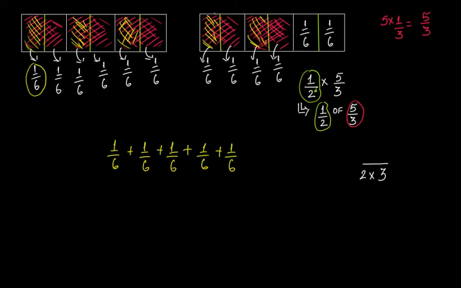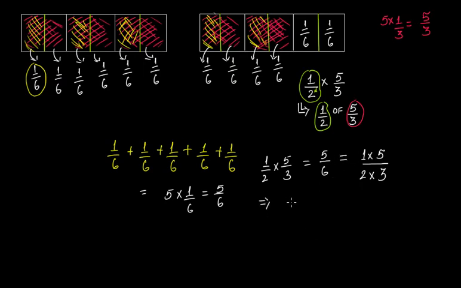That is, initially from 5 equal parts we have to take out 1/6 from each of the parts. Therefore this is 5 times 1/6, that is 5/6, right? So 1/2 times 5/3 is actually 5/6, this one, and this is equal to this one.